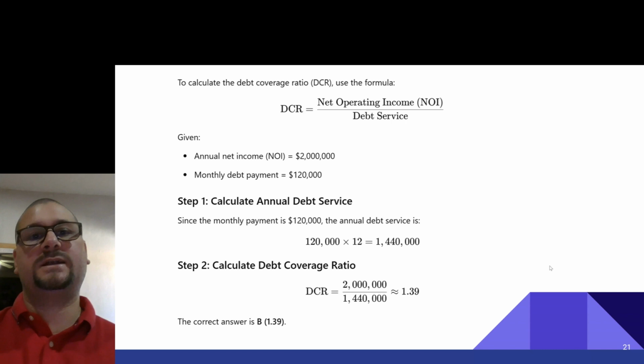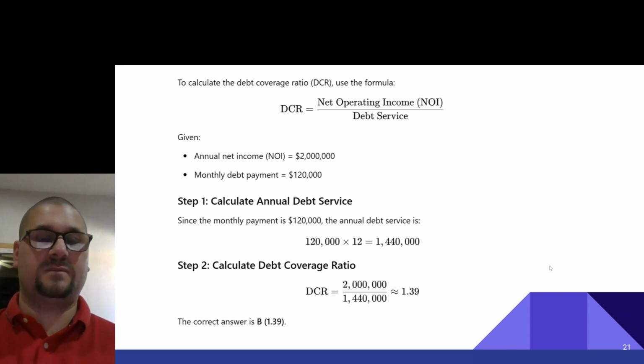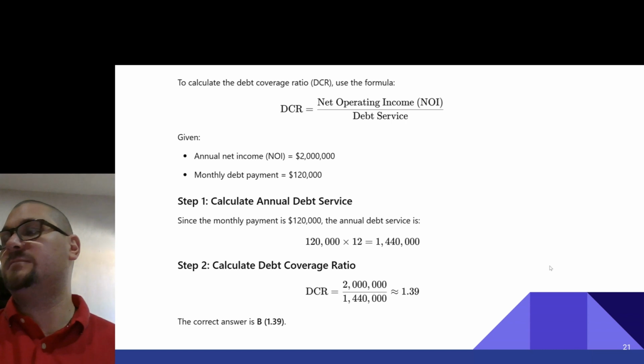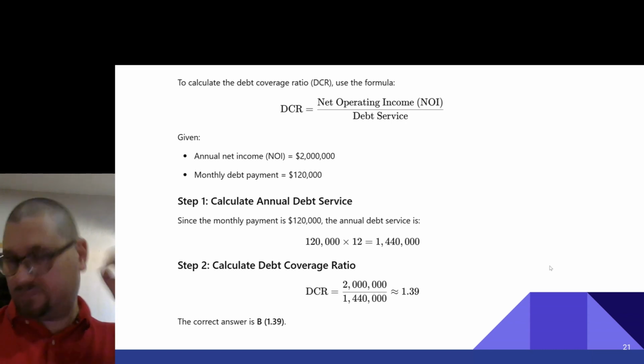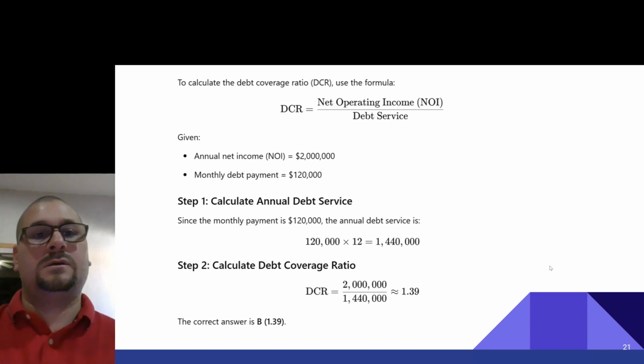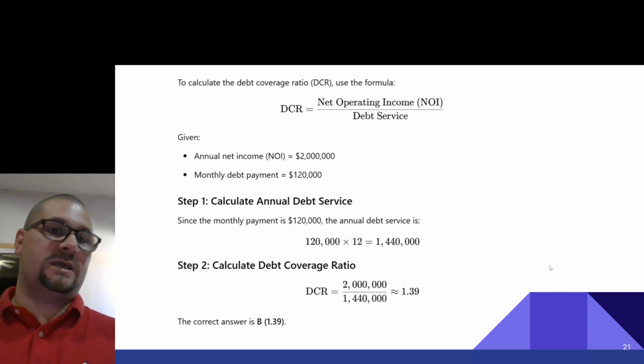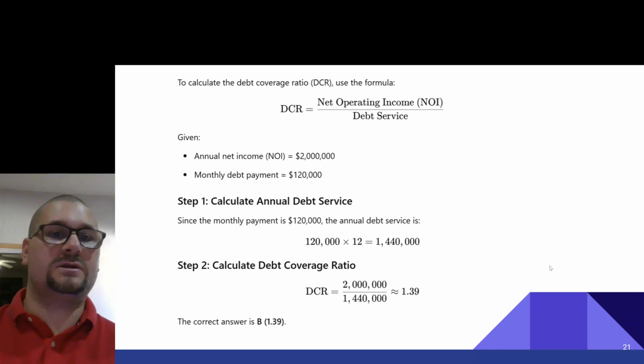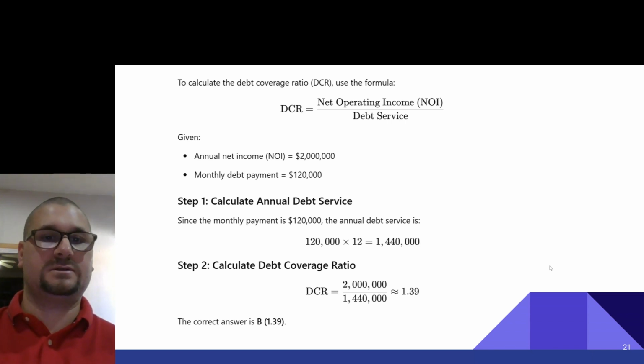So the debt coverage ratio is the net operating income divided by the debt service. They gave us the annual net income, $2 million, and the monthly debt payment is $120,000.